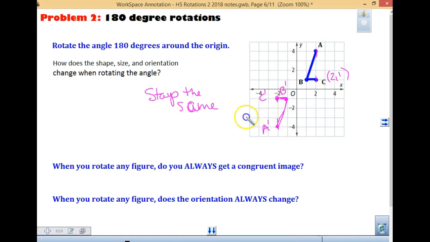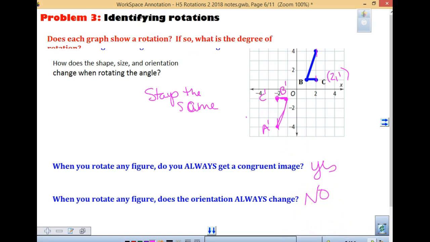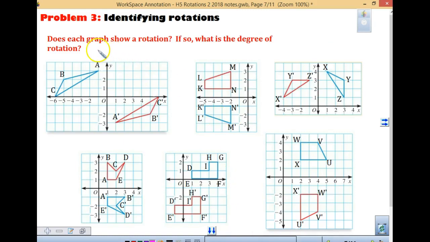Okay. So it says, when you rotate a figure, do you always get congruent images? Yes. When you rotate it, does the orientation always change? No. Okay. If we are looking at this next picture in your notes, you are simply asked, does each show a rotation, and if so, tell the degree.